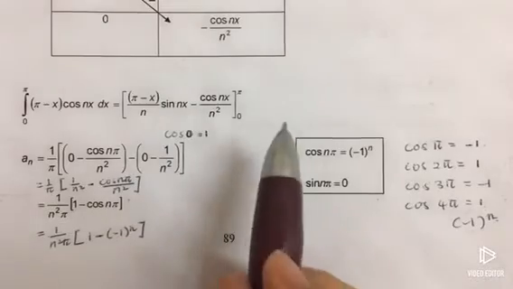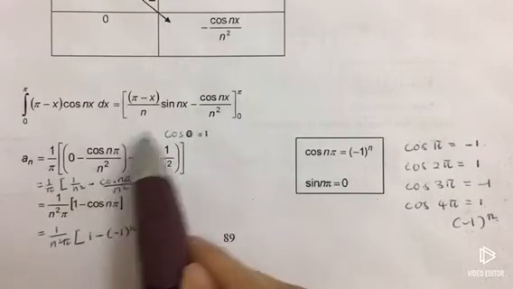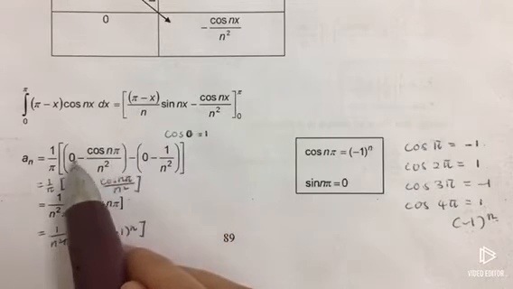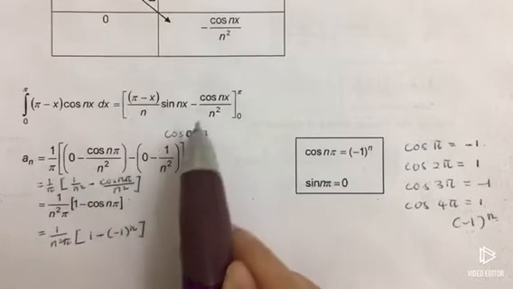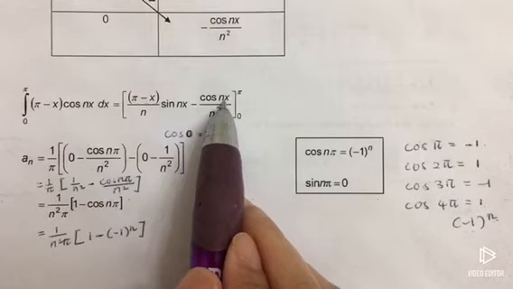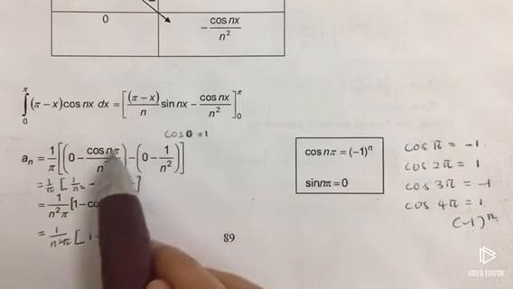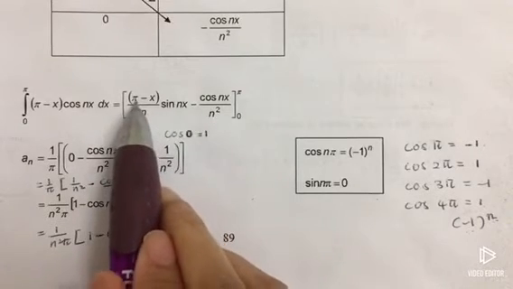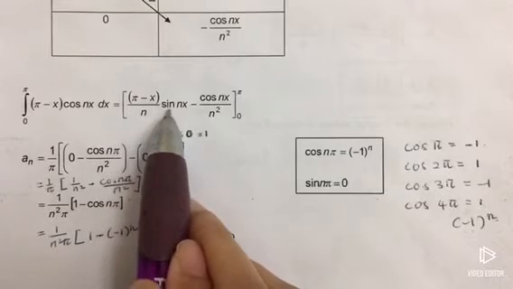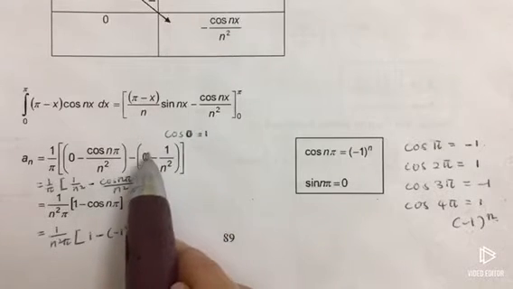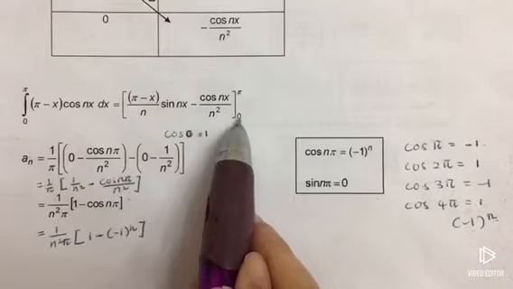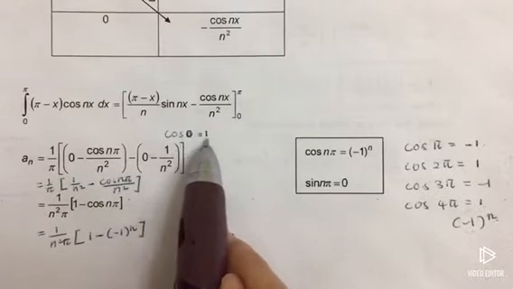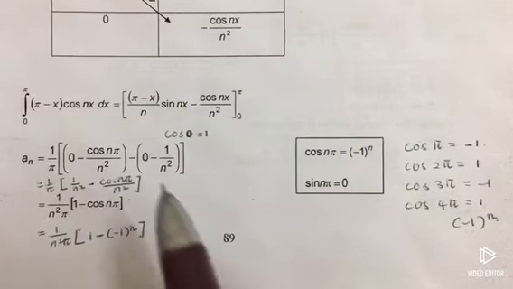Okay, now we substitute pi into x, so we get pi minus pi equal to 0 here, cos pi here over n squared, and then substitute by 0, pi minus 0 over n sin 0 equal to 0, substitute 0, cos 0 over n squared, cos 0 equal to 1, so we get 1 over n squared.